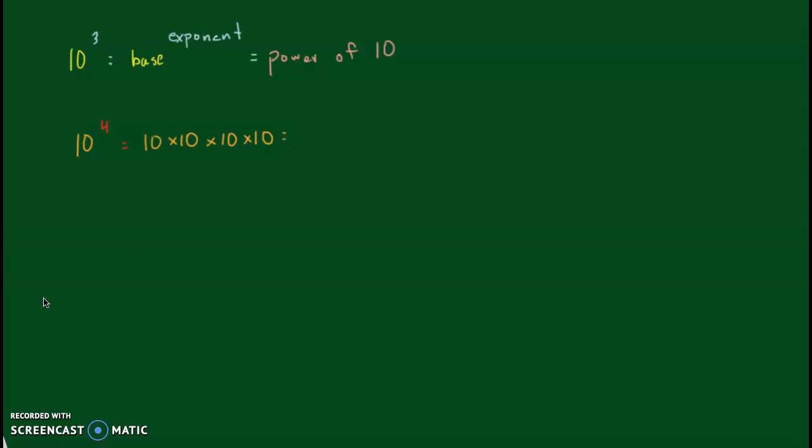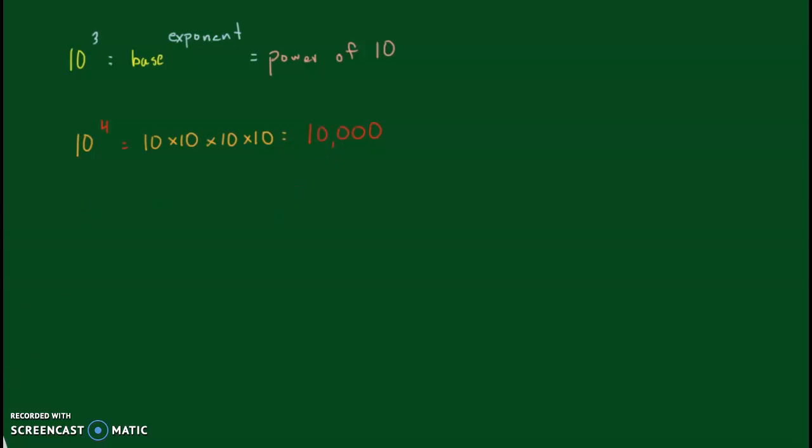Then our power of 10 is going to be a 1 with 4 zeros. So we've got 4 tens that we multiplied together based on our exponent, and we have 1, 2, 3, 4 zeros in our number.